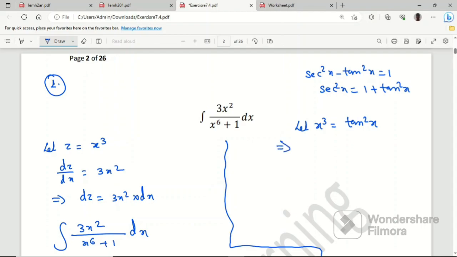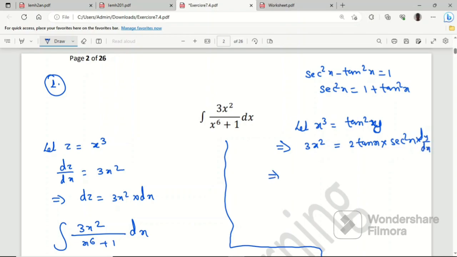So we can do differentiation of x cube will give me 3x square, and differentiation of tan square x will give me 2 into tan x into sec square x dx. Take x cube equal to tan square y. Okay, so it will give dy upon dx.